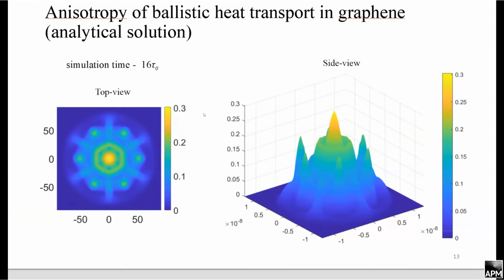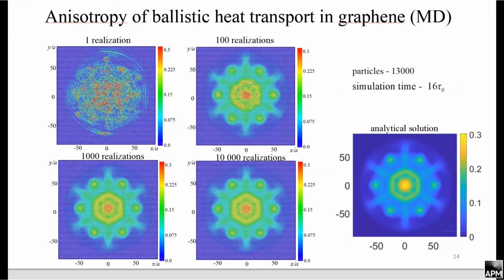So for molecular dynamic simulation, you can see that matching is good, and only for averaged results. So between one realization and analytical solution there is not much in common.